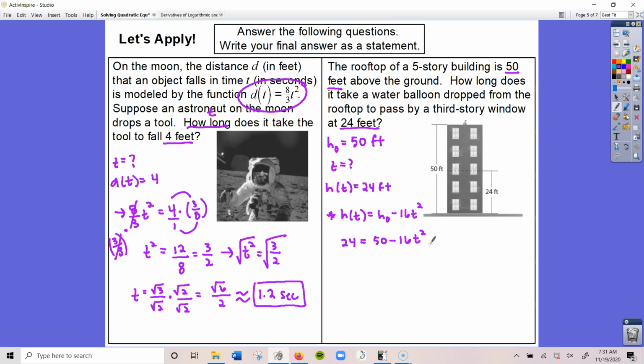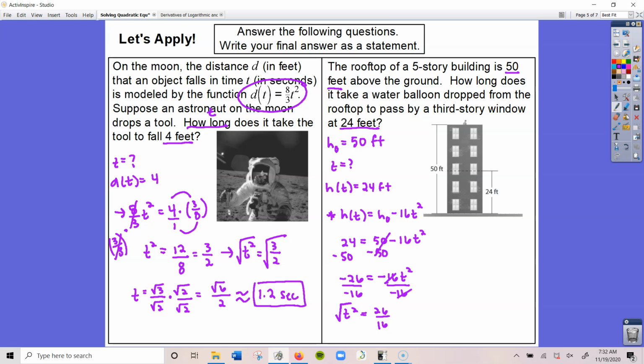And now I have my quadratic equation set up and I can solve. So first I would subtract this 50 over to the other side, and I get negative 26 is equal to negative 16t squared. And then I would divide by this negative 16, and I get t squared is equal to 26 over 16.